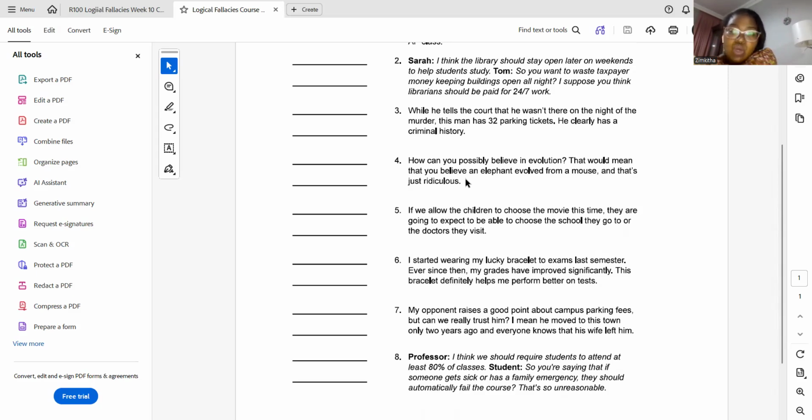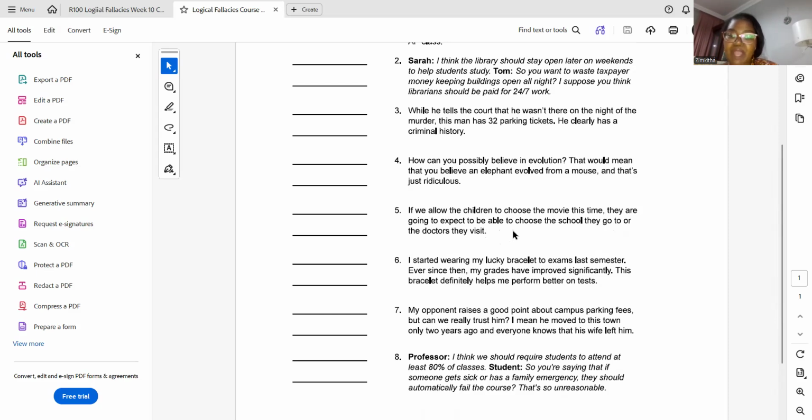He's using an extreme example by saying that, well, then that means you believe that an elephant came from a mouse. That's way extreme. There is no backing of evidence whatsoever. And we call that also a straw man, right? That's a straw man.